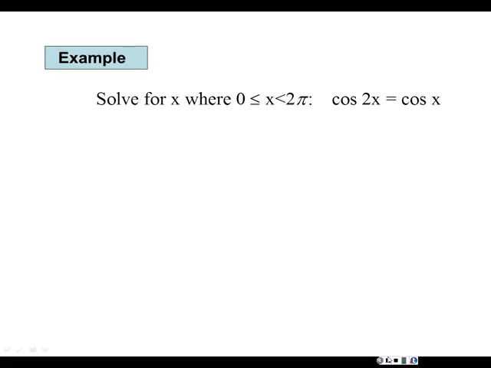Since the value is negative, it cannot be in the first quadrant because everything is positive, and it cannot be in the fourth quadrant because cosine is positive there as well. So for the first one the value will be 4 pi by 3, and here it is 2 pi by 3. So now you have three answers: 0, 2 pi by 3, 4 pi by 3.